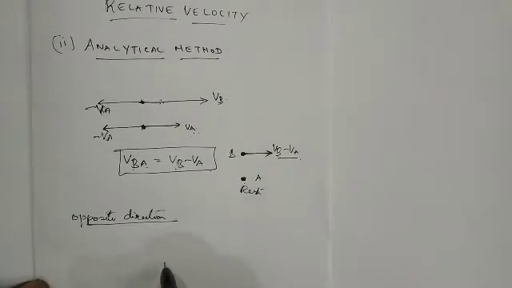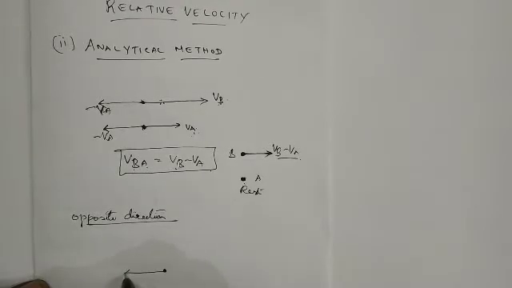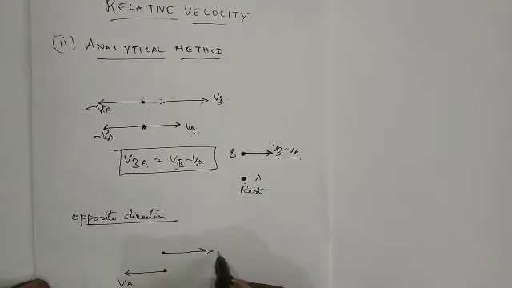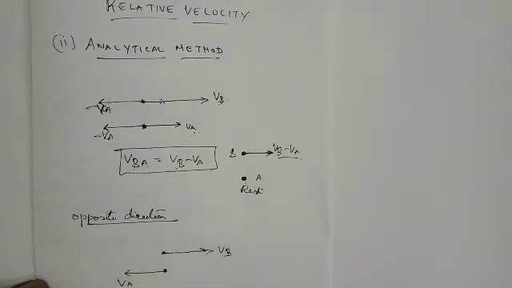So consider VA moving in this direction and VB moving in the opposite direction.